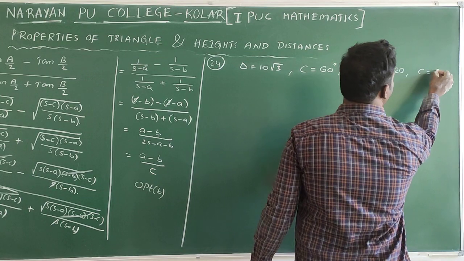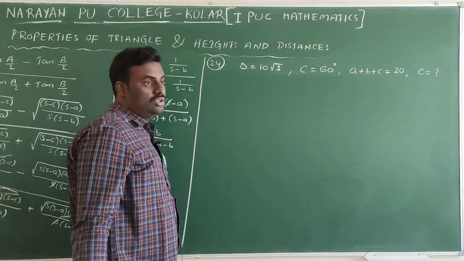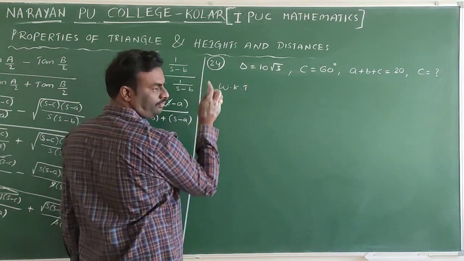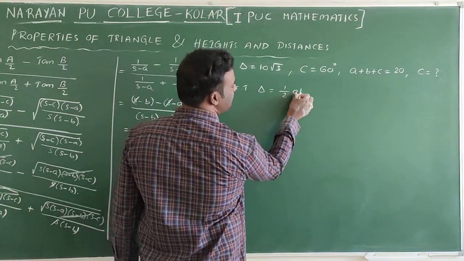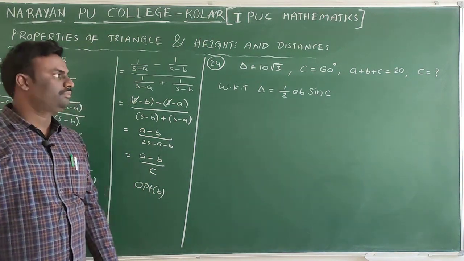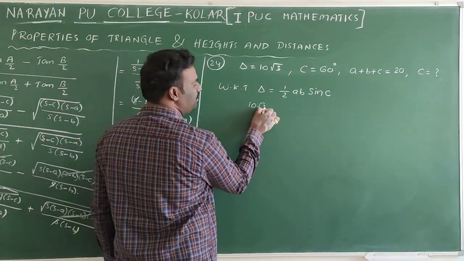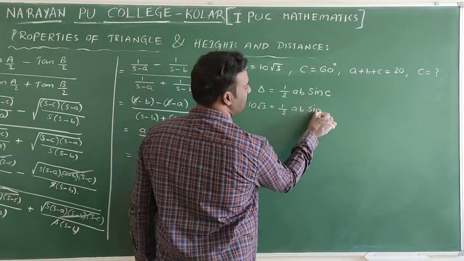Now we need to find c. C means not angle C, side c. So we know that delta equals half ab sin C is one of the formulas for the area of a triangle. You can substitute here: 10 root 3 is equal to half into ab into sin 60.